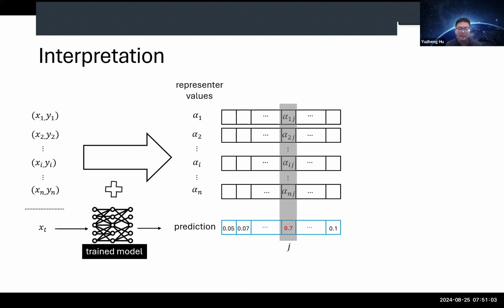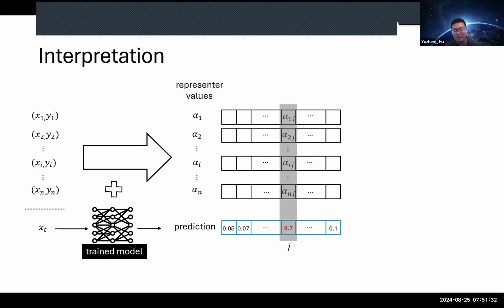Then we will look at the J-th column of these representative values. This just corresponds to alpha_1j, alpha_2j, up to alpha_nj. These are the values that we consider because we are trying to understand how each sample influences, contributes, or negatively contributes to the model's prediction of this xt to be class J. So this is what we mostly care about.